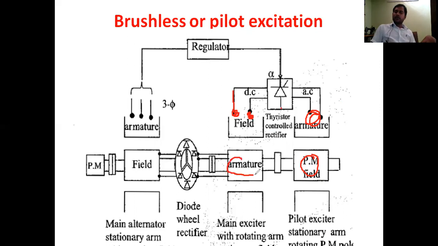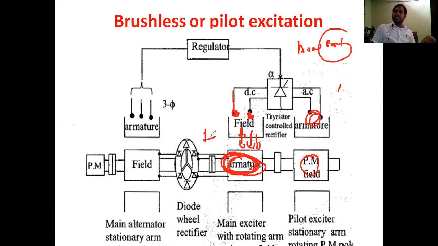Here a rotating armature is available. This rotating armature will cut the field flux, and again it will produce the armature EMF.